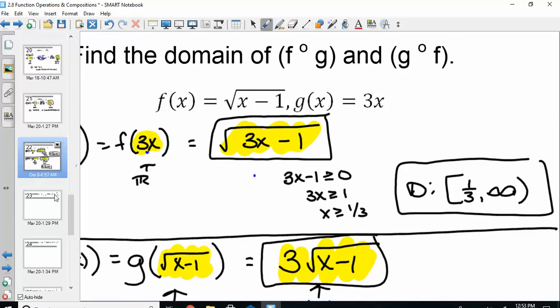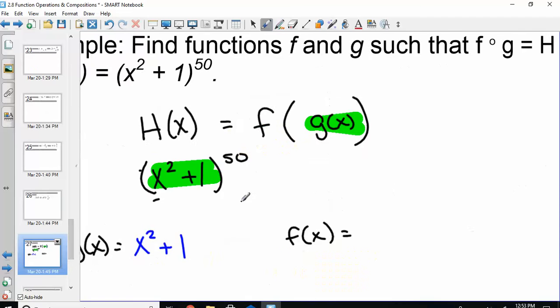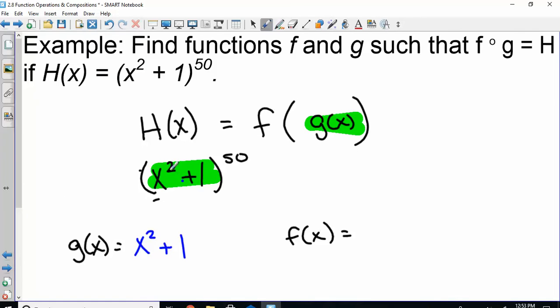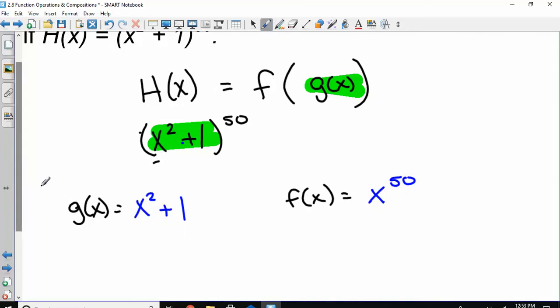So if I'm going backwards, if I take that thing back out, then it turns back into an x. So if I took all this green out, it's just left as an x to the 50th power. Not the only possible answer. You could have made your g of x just a plain x squared. And then f would have to be x plus 1 to the 50th. There's multiple options here. We just need something that when we compose them gives us this original problem.